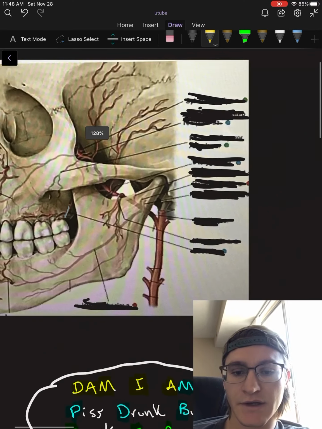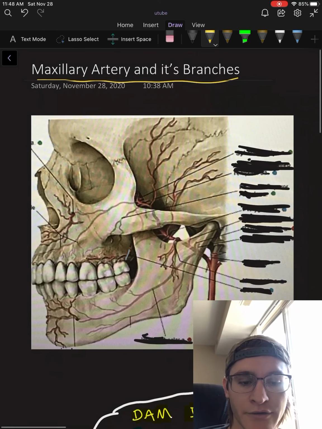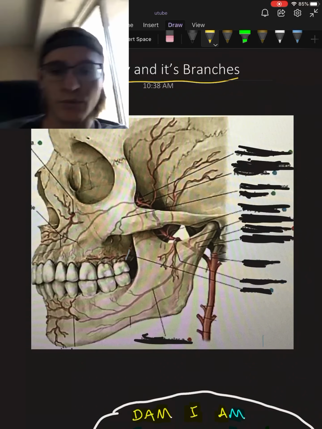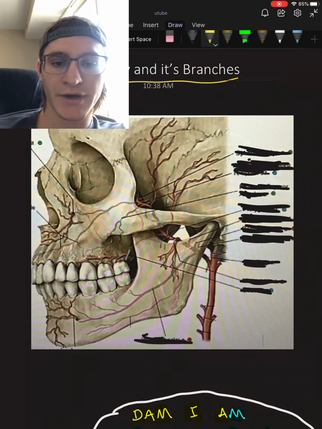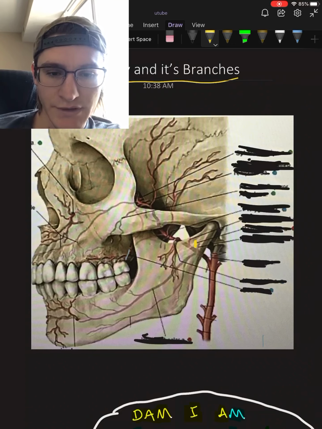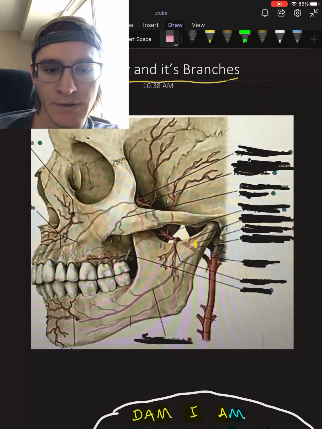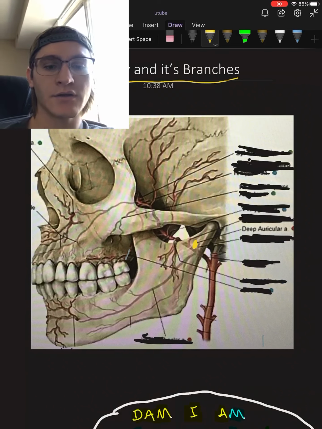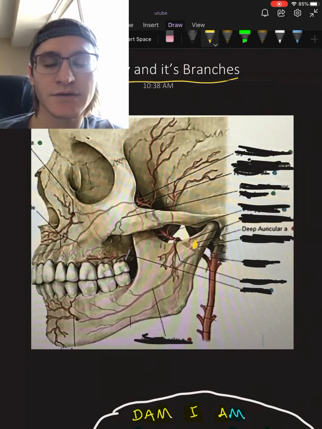So let's kind of figure this out on the diagram. Let's give ourselves some landmarks. So we know where the teeth are. We know where that kind of ear or tympanic membrane's at. Okay, so this first one I'm drawing yellow here. That one is going to be our D for deep auricular, and it looks kind of like it's going towards the ear. So deep auricular.